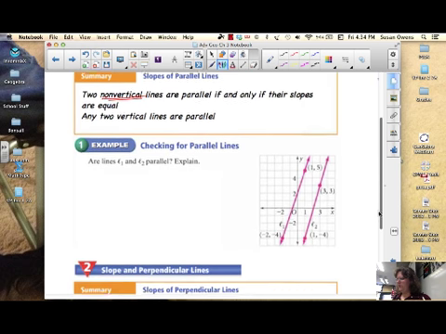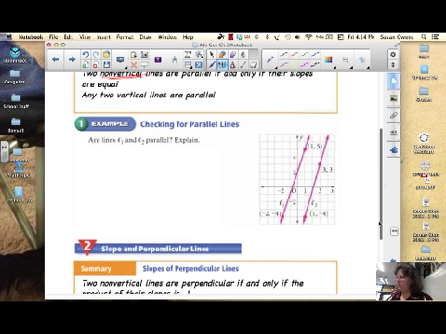So for the example, if I want to check to see if these lines are parallel, I need to find the slopes. The slope of L1, the line on the left, is 5 minus -4, so 5 plus 4, over 1 minus -2, so 1 plus 2, which is 9/3 or 3.